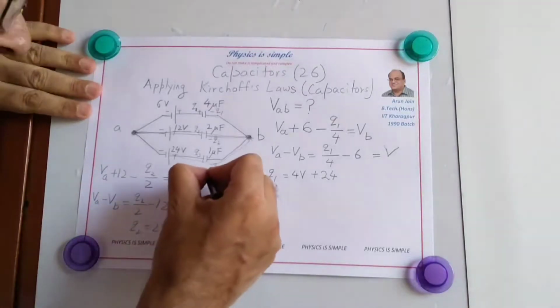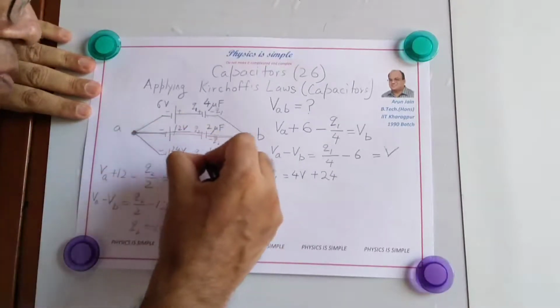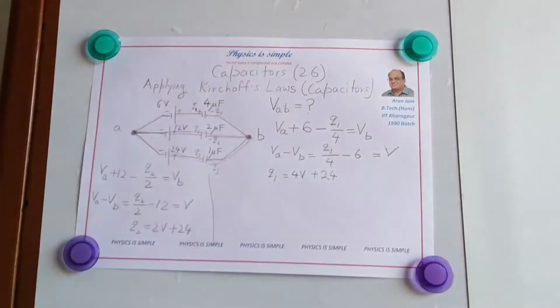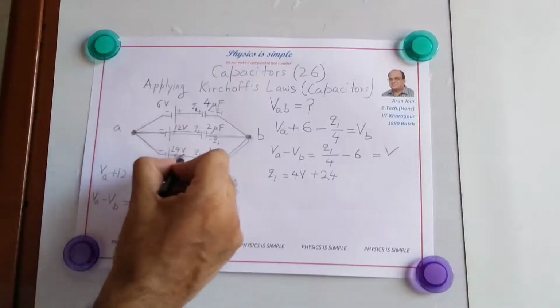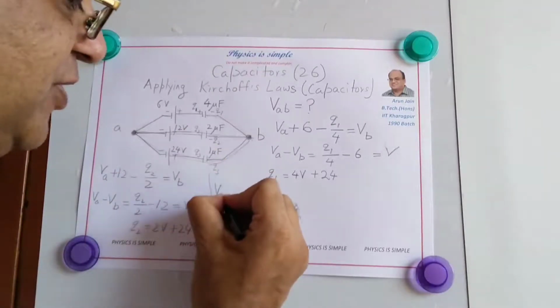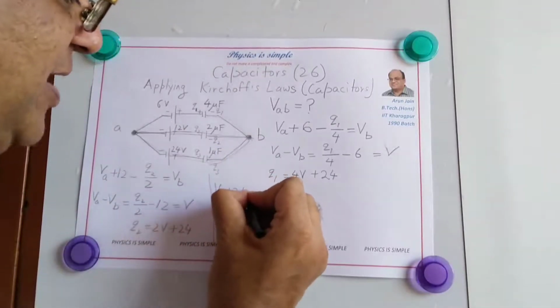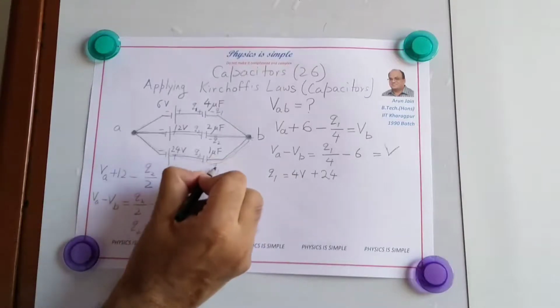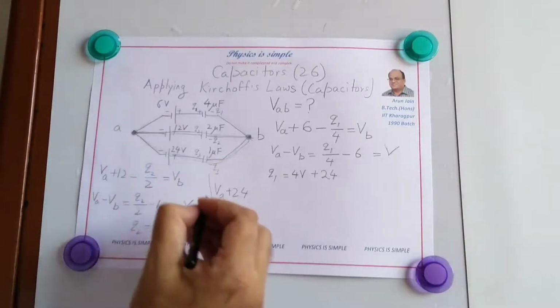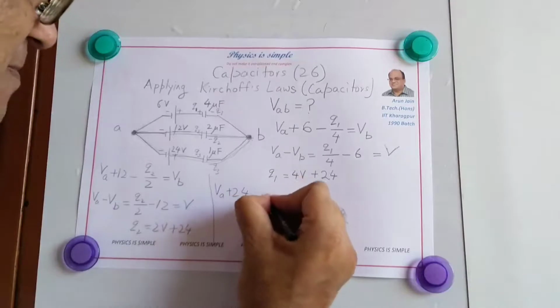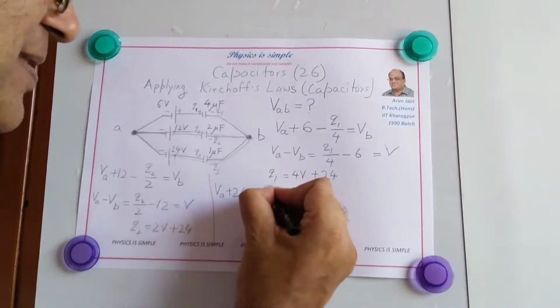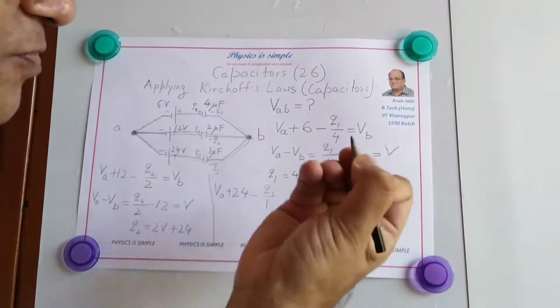Now we have one more path to go to B. So we start from here, and go up by 24 volts first because of the battery. Then we go from plus to minus side, so we come down in potential, minus Q3 by its capacitance, which is 1 microfarad.